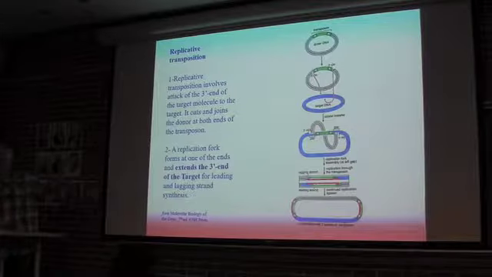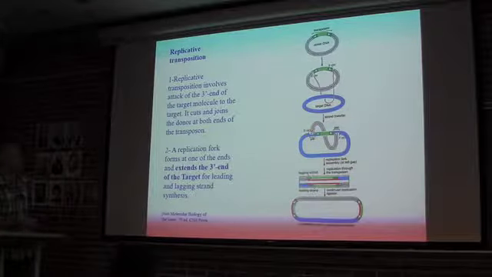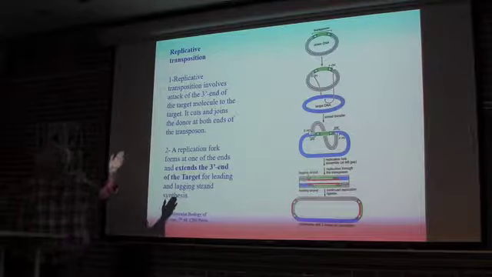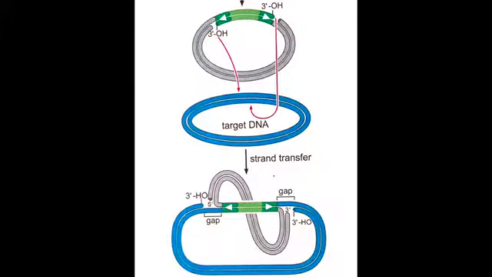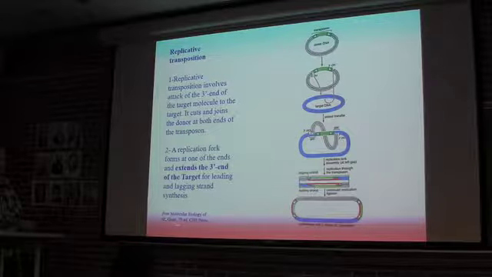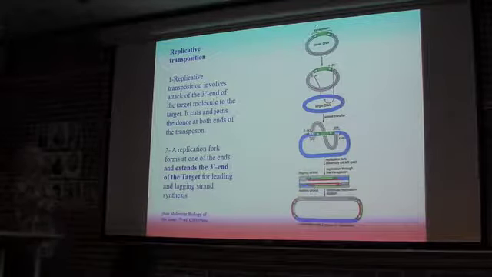And this is from Molecular Biology of the Gene. This is where I learned that it's the 3' end from the transposon itself that does the attacking. This is where that model is shown, and so I've incorporated that from Molecular Biology of the Gene to illustrate this.